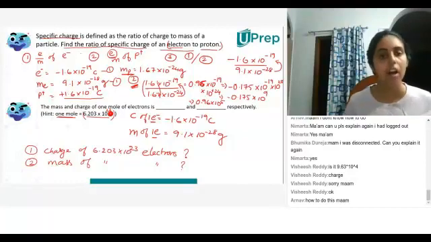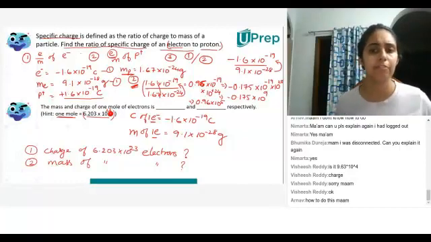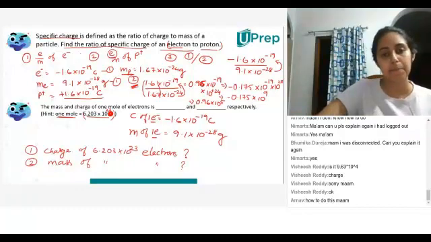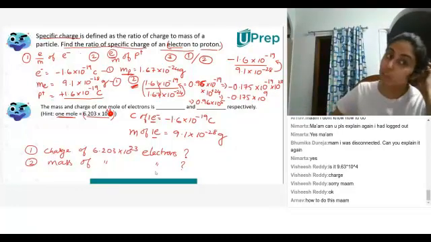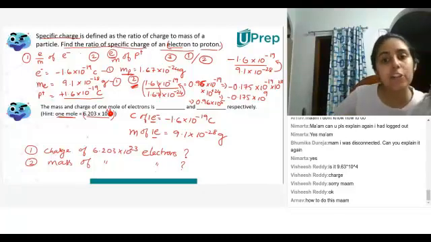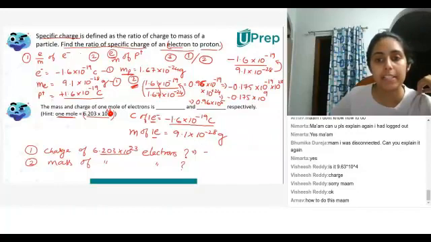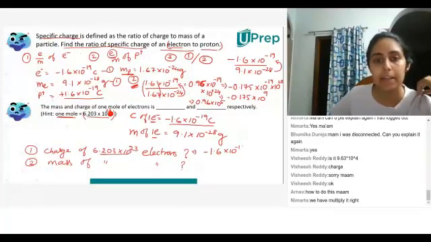Yeah, so I'm just going to solve this first part. The charge of one electron is minus 1.6 into 10 to the power minus 19 coulomb. So the charge of these many electrons is, just multiply these two things. It will be minus 1.6 into 10 to the power minus 19 multiplied by 6.2 into 10 to the power 23.